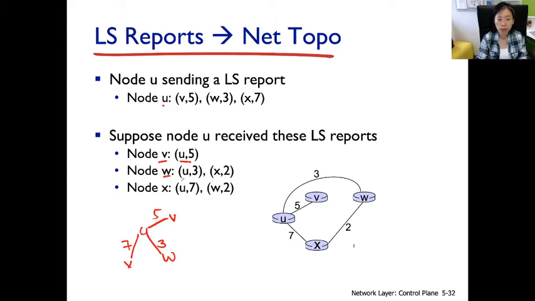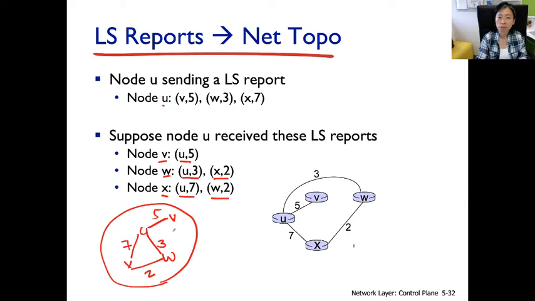W's report tells us the cost to U is 3, which you already know. W is also connected to X with link cost 2. So W connects to X, link cost 2. X's report says I connect to U, which you already know. X also reports that it's connecting to W, link cost 2, which you already have.